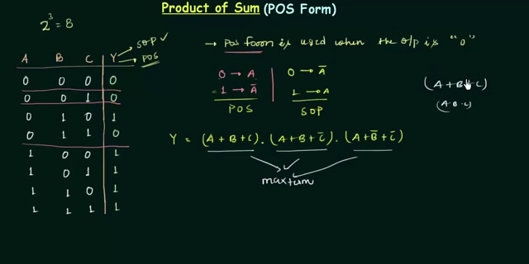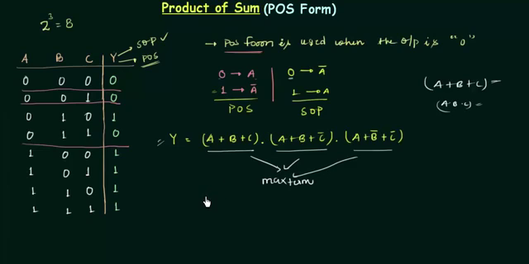This is looking maximum because of its size, and this is looking minimum because of its size. That's why we call this the max term, and this one the min term. There is no special reason for this. The functionality of the function Y will never change. If you want to represent it in POS form or in SOP form, it will yield the certain output depending upon the input. And this POS form written here I have obtained from the SOP form itself.